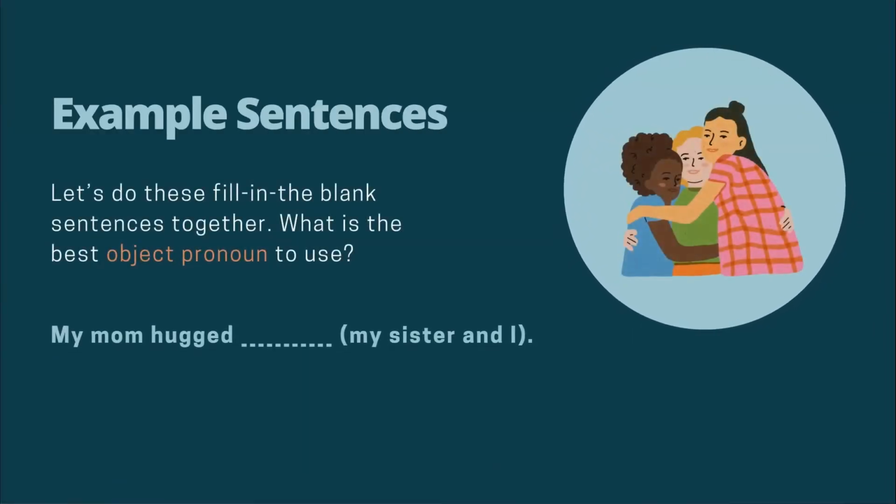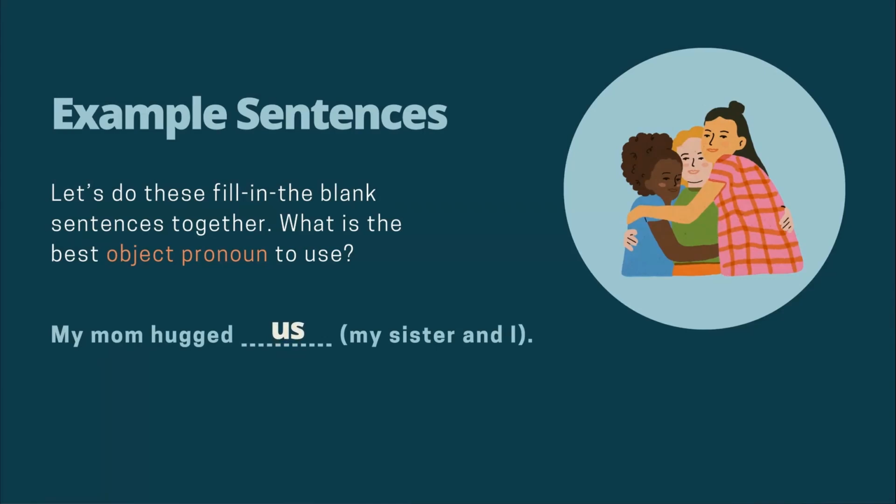All right, now let's look at this one. My mom hugged, and then we have my sister and I. My sister and I. So another person and then yourself. Us.